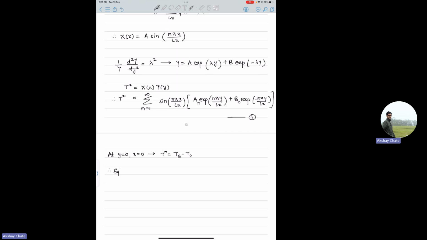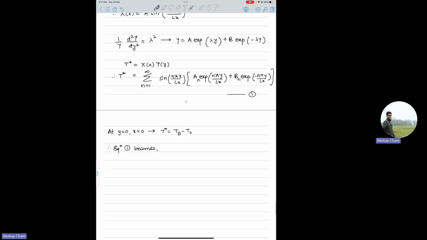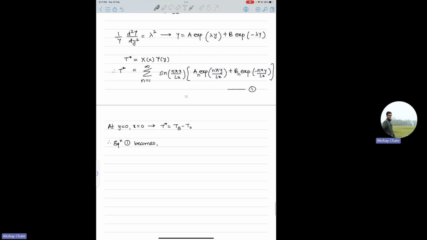So equation 1 becomes something like this: Tb minus T0, this will be your T star, summation of n equal to 1 to infinity of an plus bn, because y is 0 so the exponential terms go to 1, times sin n pi x by Lx.